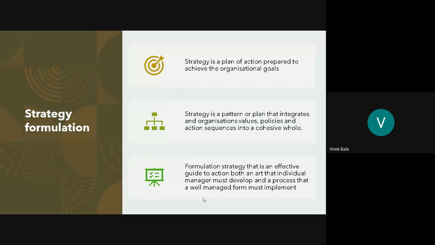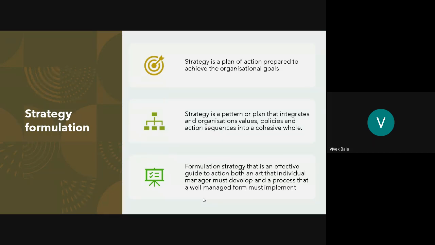When I say cohesive whole, it means that all the actions the organization performs have to be as per the values of the organization and the policies which are already decided. Then you can say the organization has a strategy.